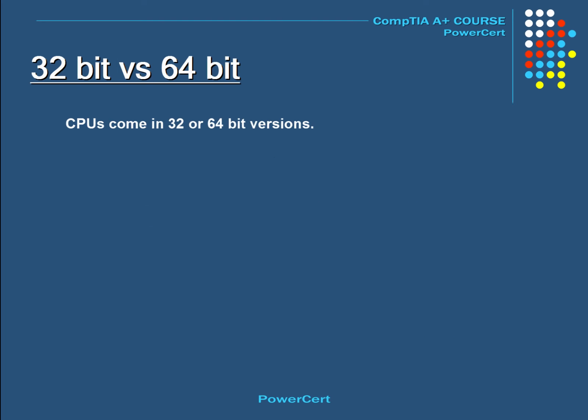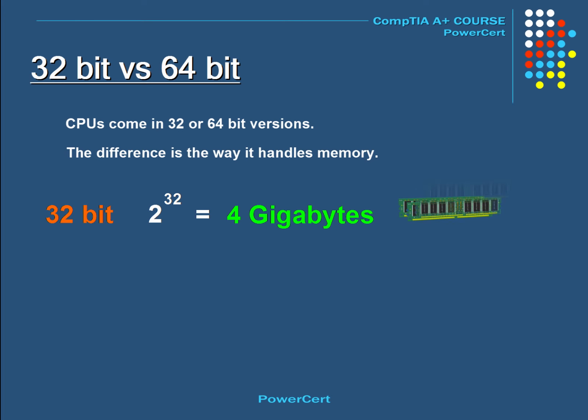CPUs can come in 32 or 64-bit versions. The difference between a 32-bit and a 64-bit is the way that it handles memory. The bit size of the CPU refers to the memory it can address. A 32-bit CPU can reference 2 to the 32nd power bytes of memory, which equals about 4 gigabytes.